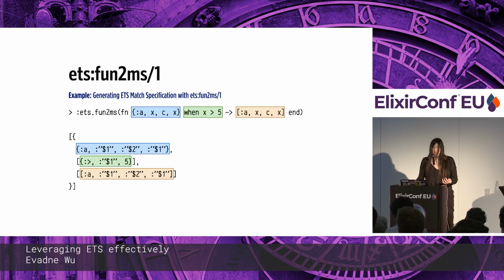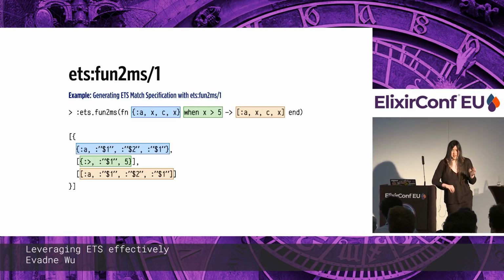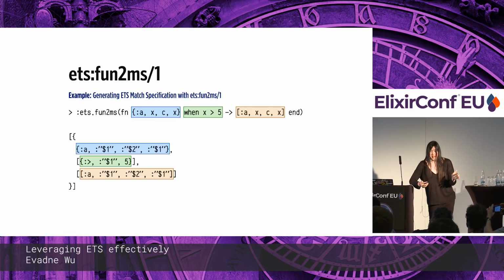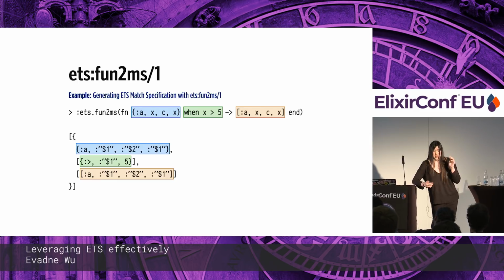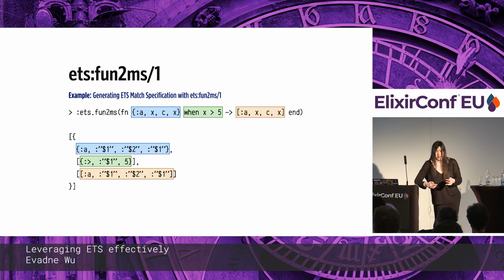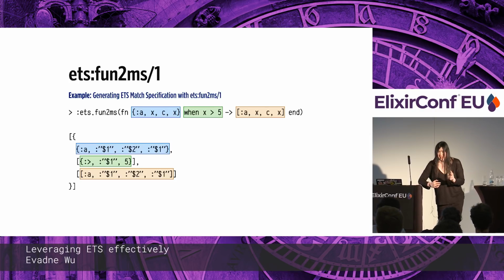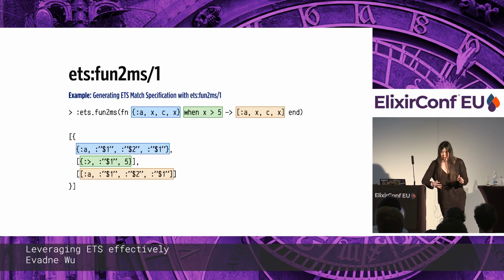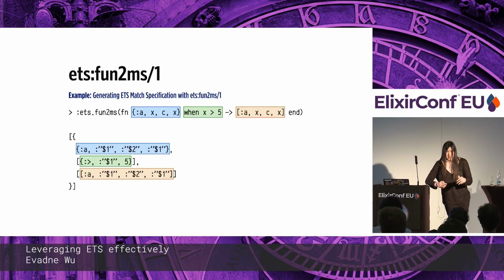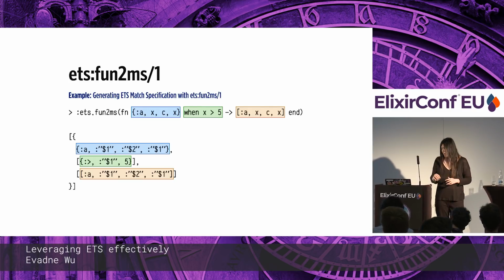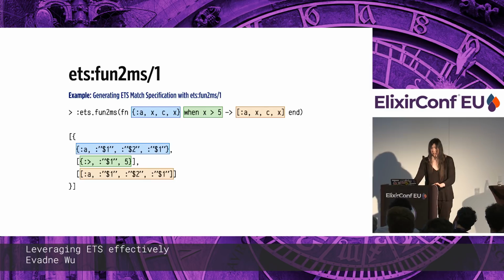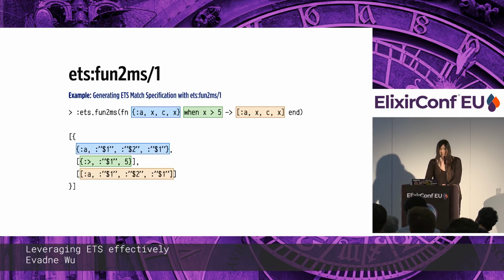You can write a function, even in Elixir, that matches against a 4-item tuple, and add a when guard condition, for example when x is greater than 5, and then return a particular thing. The function to match specification helper will give you a match specification that matches exactly what you wanted, and you can just copy and paste this into your application, which is probably simpler than staring at the thing and debugging it.